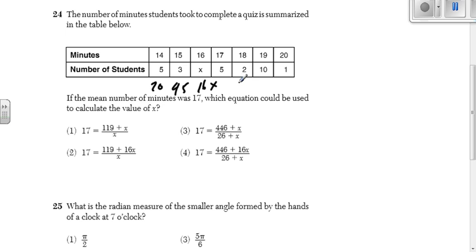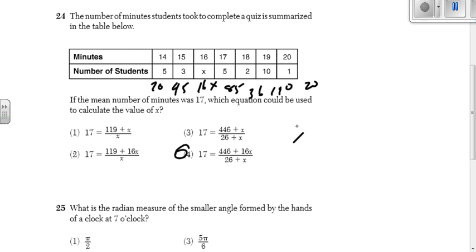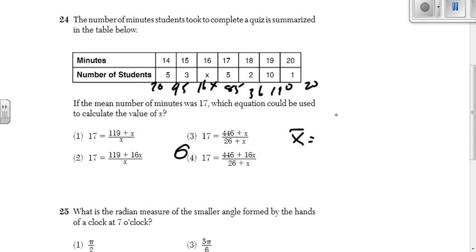We got 85, 36, 190, and 20. Good. So we know the mean is equal to the sum divided by the number. The sum divided by the total number.